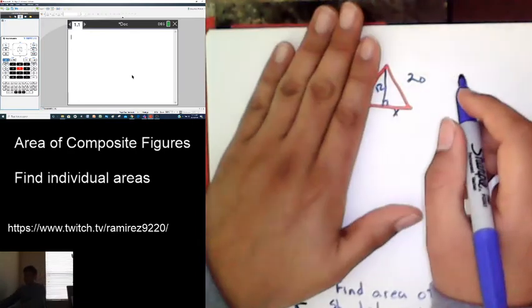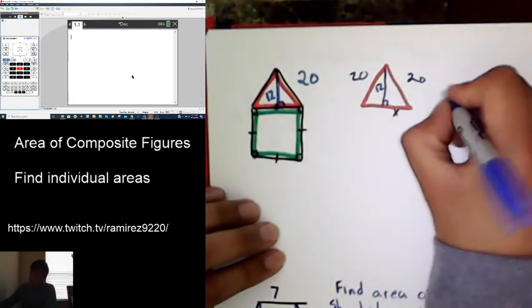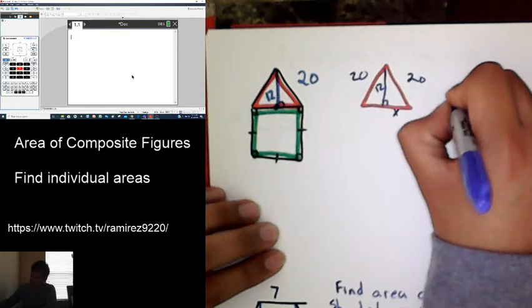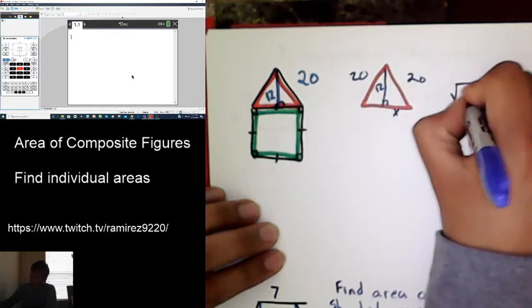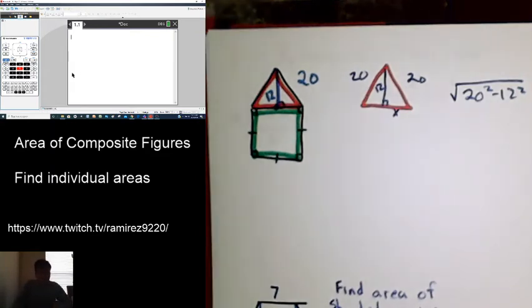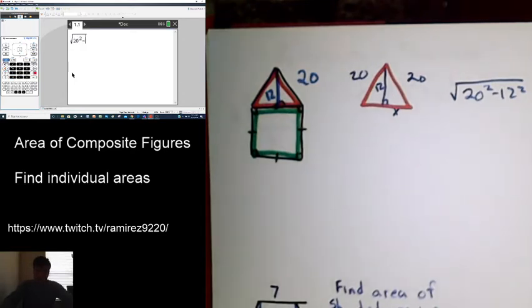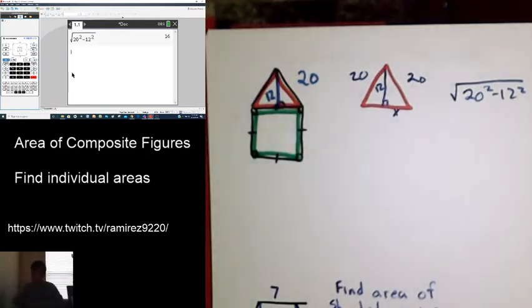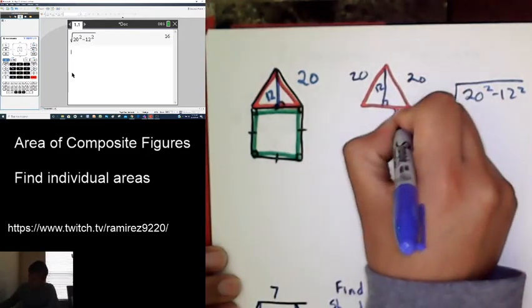But notice how we create a right triangle of some kind, and all we're going to do is Pythagorean theorem. So I do 20 squared minus 12 squared, and I get 16. So I know that this is 16.